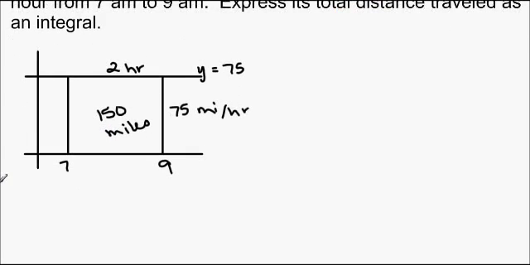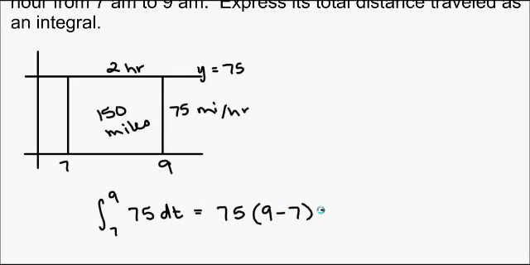So using the property that we just saw, we're integrating from 7 to 9 this function, 75, and we're talking about time, so dt. This equals our constant function times upper limit minus lower limit.